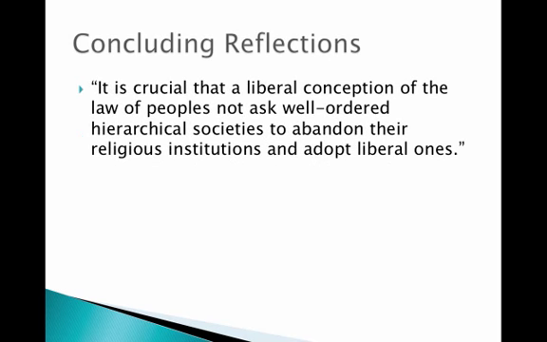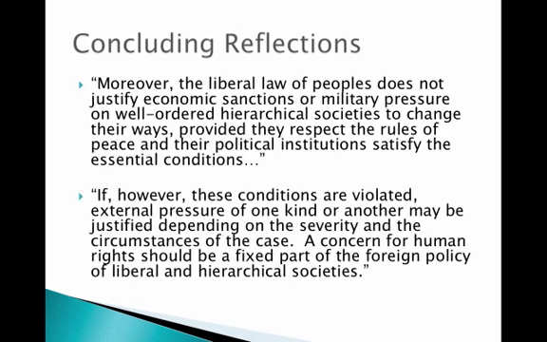Okay, he continues, "It's crucial that a liberal conception of the law of peoples not ask well-ordered hierarchical societies to abandon their religious institutions and adopt liberal ones." So he says there can be cooperation with non-liberal societies, so we won't be imposing all these Western values on them. "Moreover, the liberal law of peoples does not justify economic sanctions or military pressure on well-ordered hierarchical societies to change their ways, provided they respect the rules of peace and their political institutions satisfy the essential conditions."